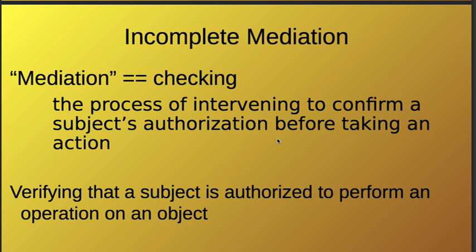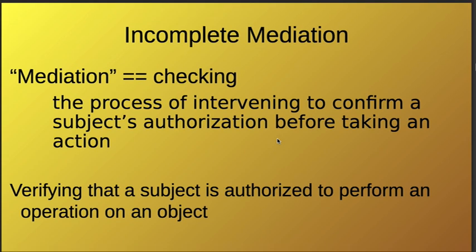So it's the process of intervening to confirm a subject's authorization before taking an action. So it's like verifying that a subject is authorized to perform an operation on an object. Okay, so if you have incomplete mediation, what that means is that you're not checking as much as you should.